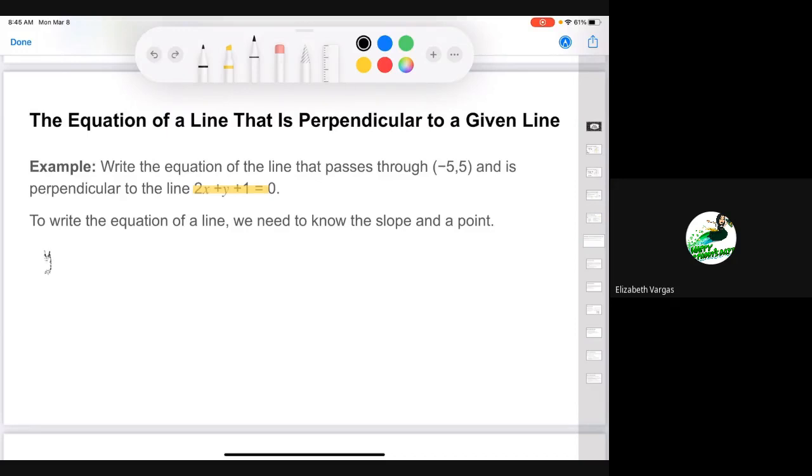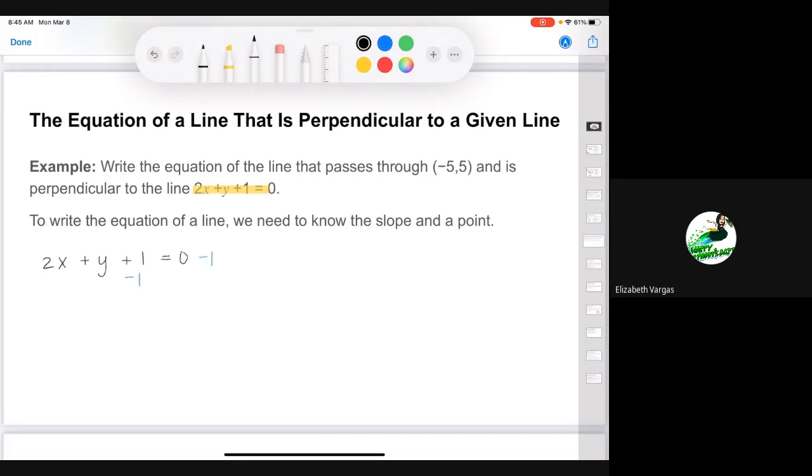So 2x plus y plus 1 equals 0. Okay. So the way I want to do it is I want to isolate my y. So how am I going to isolate my y? Subtract 1.